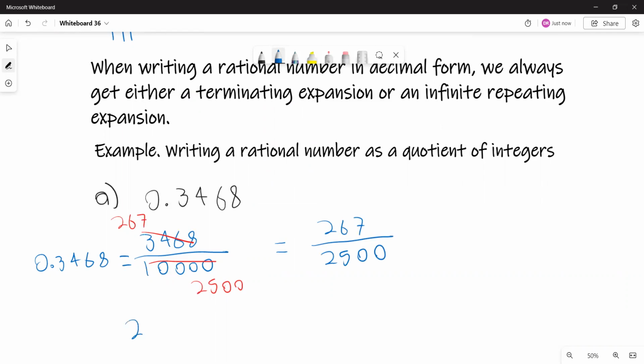So let's check. 867 is divisible by 3. So 867 divided by 3 is 289.